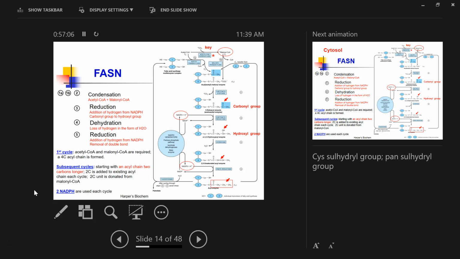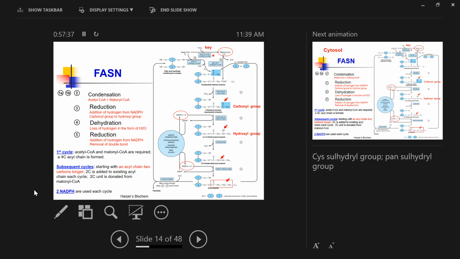Now the next step is the reduction reaction that requires NADPH. One NADPH: the proton is added to the carbonyl group and converts it to a hydroxyl group. This is a reduction reaction.